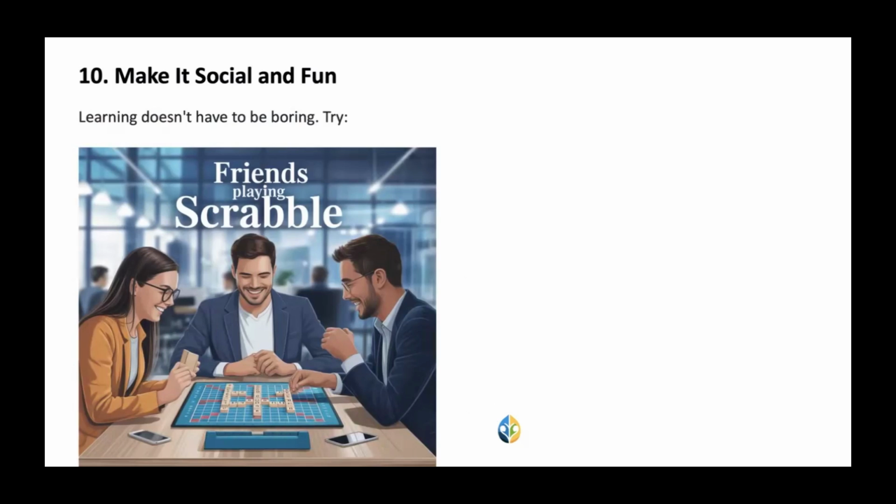And make it social and fun. Learning doesn't have to be boring. In fact, you don't want it to be boring because learning a new language opens up a new way of communication and another culture and environment for you. So play word games like Scrabble. This was one of my favorites. And then crossword puzzles, another one of my favorites.